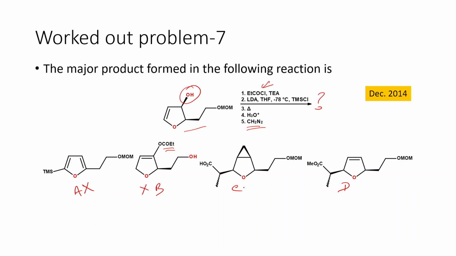We have only C and D, and C is also ruled out because we have a carboxylic acid, while D only has a methyl ester. So even without going through each step, we can easily figure it out. The correct option is going to be D only, because that is the only one having the methyl ester, since the last step is the diazomethane reaction. Diazomethane is generally used for the conversion of an acid to a methyl ester.